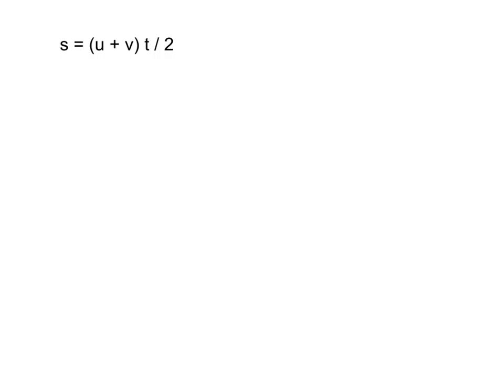Our next suvat here is s equals u plus v over 2 times t, or u plus v times t over 2. And let me just explain where that comes from. If we think about our graph again, this time I'll draw it with nice red axes.